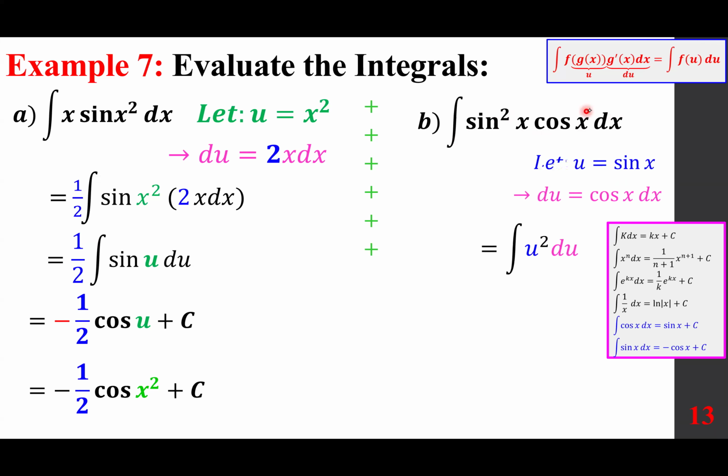So u squared du. Following the power rule becomes 1/3 u cubed plus a constant. Replacing the u, the final answer is 1/3 sine cubed x plus a constant.